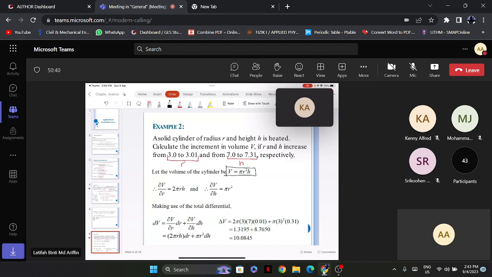So now kita akan dapatkan, okay, so kita ada V, kemudian dalam V kita ada R, kita ada H, kemudian kita ada T, betul? Okay, so dengan menggunakan tree diagram ni, kita boleh tuliskan kita punya formula. Formula kita iaitu dV diberi oleh del V over del R dR plus del V over del H dH.